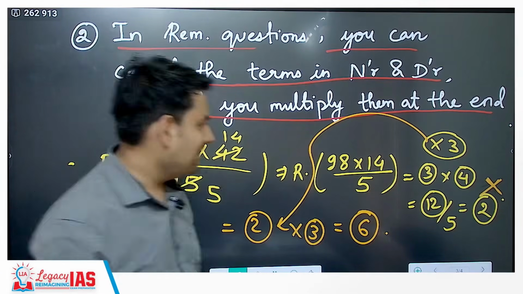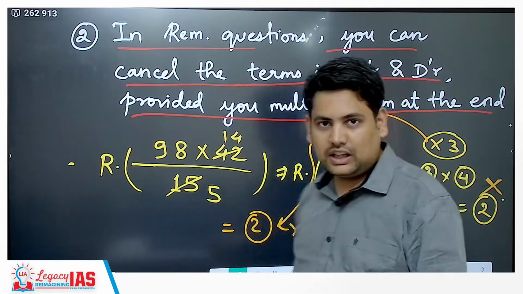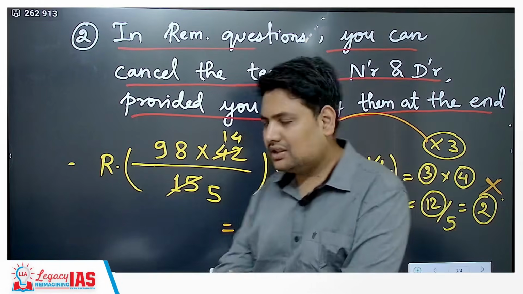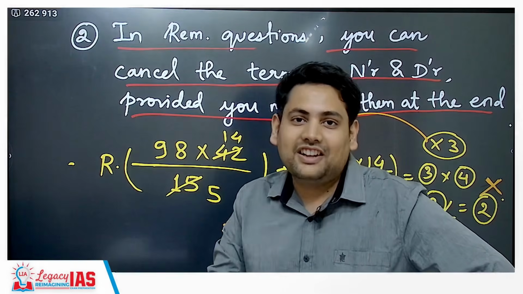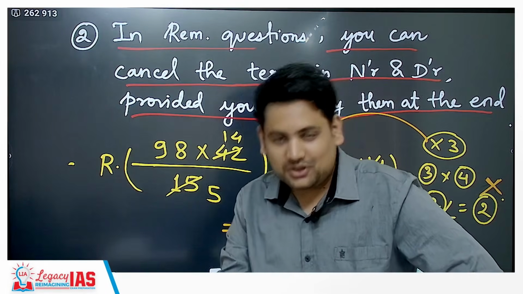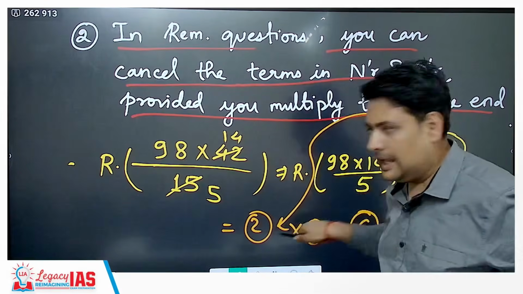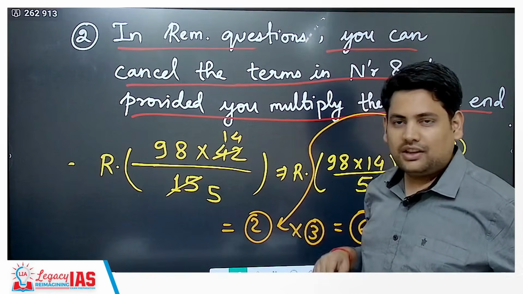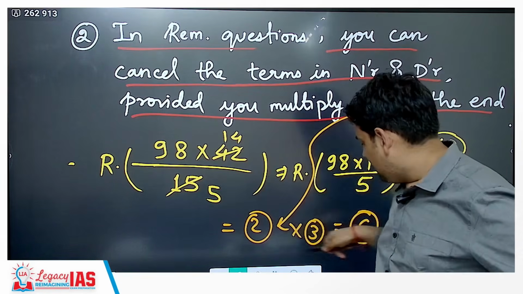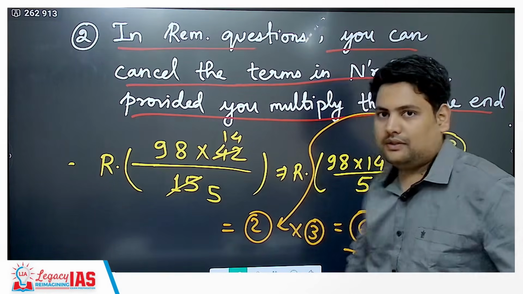Understood? Initially, to make our calculations easy, we just cancel it out. But of course this is not right, this is just a trick, so to say. So you must introduce it back. Cancel it, calculate it easily, then multiply it back and get the final answer.